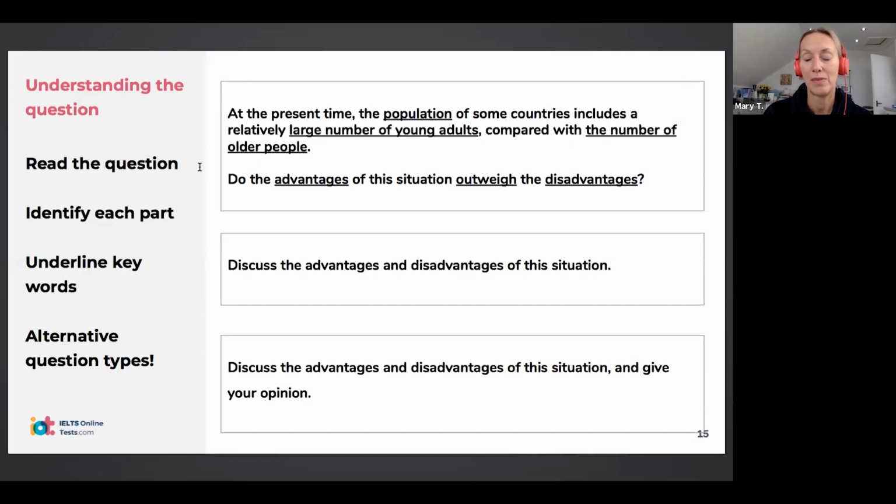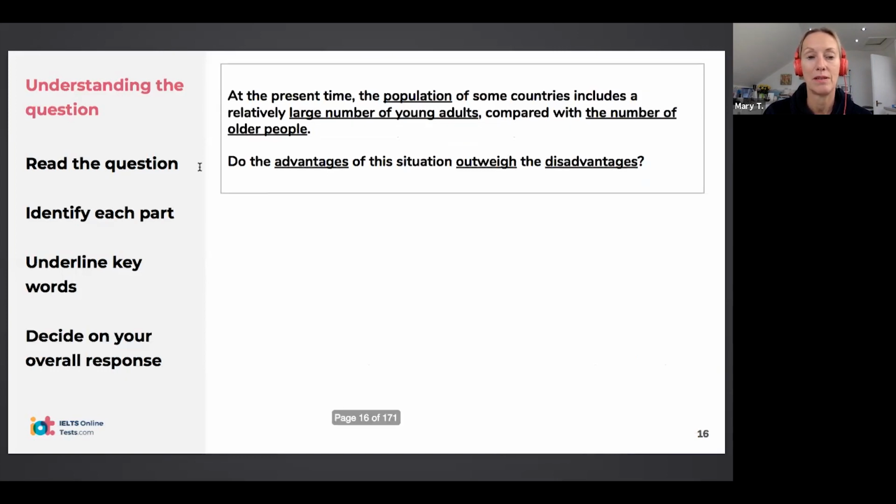Okay, so this one that we're going to be looking at today is a little bit different. So for this one, you need to decide on your overall response. So you're answering this question. Do the advantages of this situation outweigh the disadvantages? In other words, are there more advantages than disadvantages?